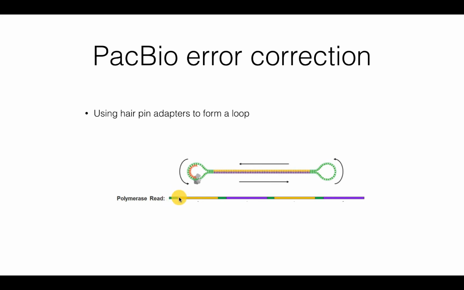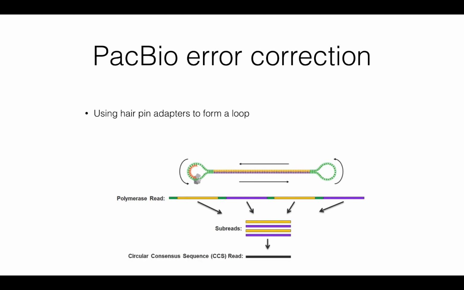So you've got your adapter, you've got your template strand, adapter, coding strand, adapter, template strand, adapter, coding strand, adapter. And you can stack those up bioinformatically and then look at if there's an error right here on one but not on any other spots. You can derive a consensus sequence that you're really confident has very low rates of error. So that's really an advantage of PacBio.